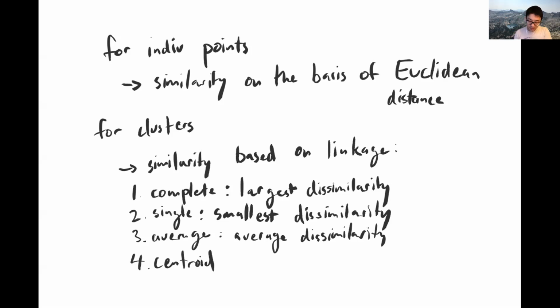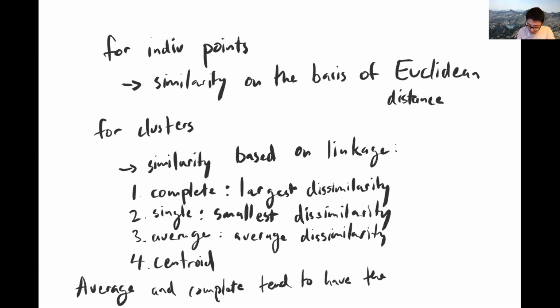In general, average and complete tend to have the most balanced clusters.